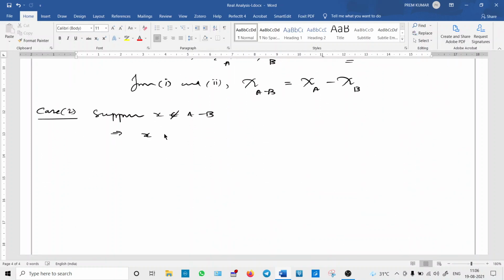This implies X falls in A dash. X falls in A dash implies X is not in A, and X is not in B also, because B is a subset of A. If it's not in A, definitely it is not in B also.